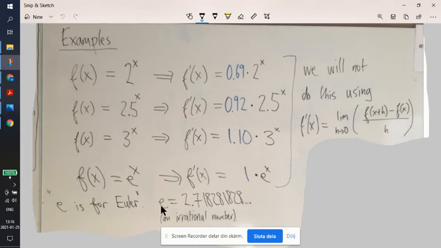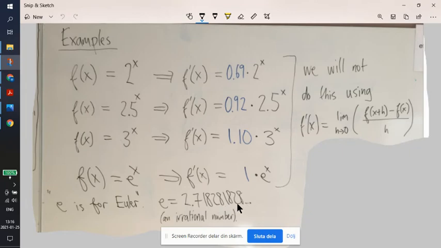This is so-called Euler's number. It's from a famous mathematician called Euler, who was one of the main people behind developing all these ideas. And the number is actually equal to 2.718281828.